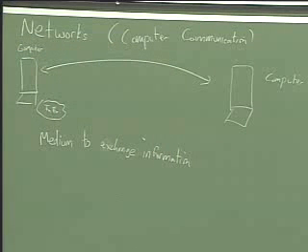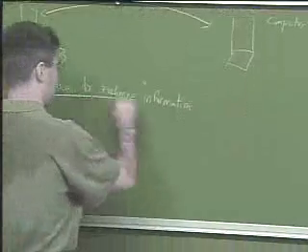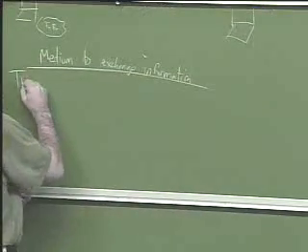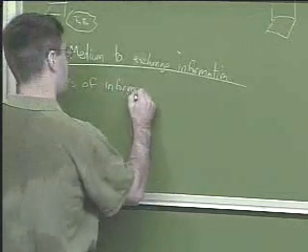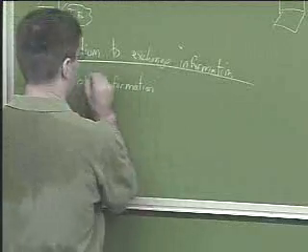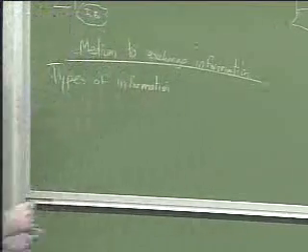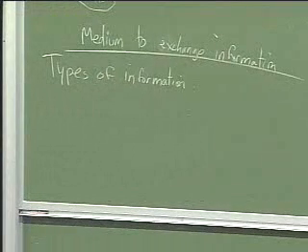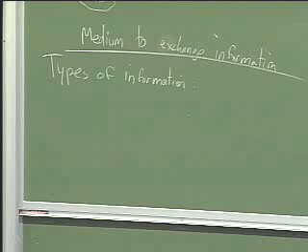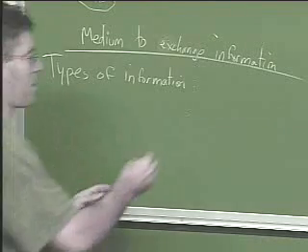Okay, there are all various sorts of information. Okay, can people tell me what types of information you're familiar with exchanging over a computer network? It's not a trick question. It's an easy question. So what kinds of information have you exchanged over a computer network? Text. Okay.